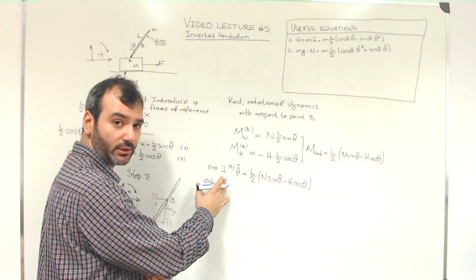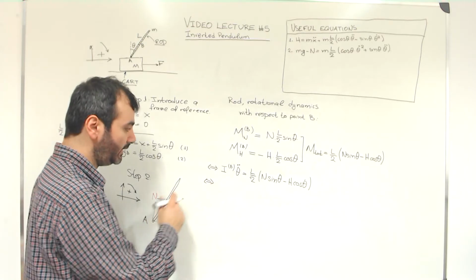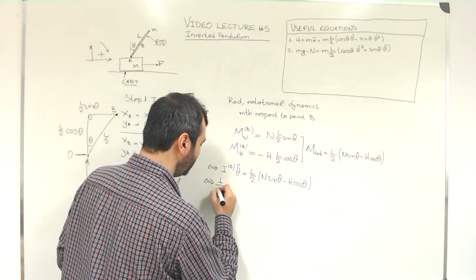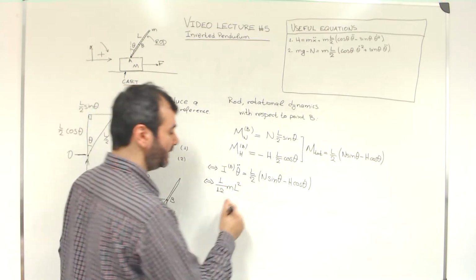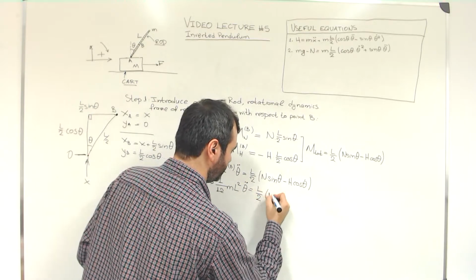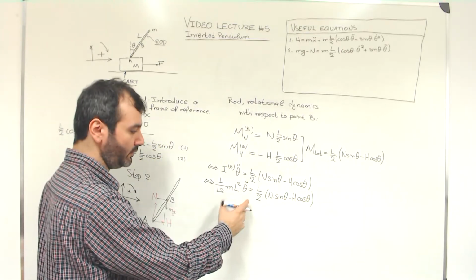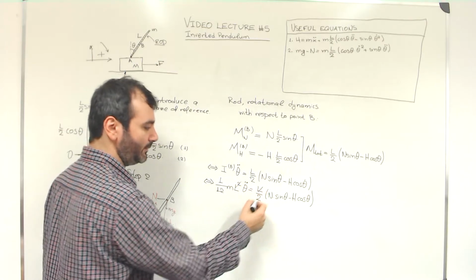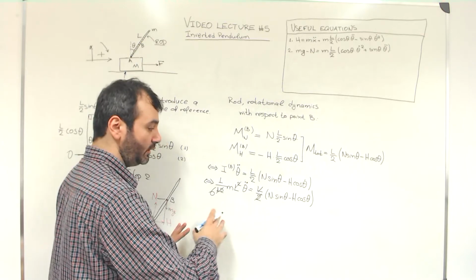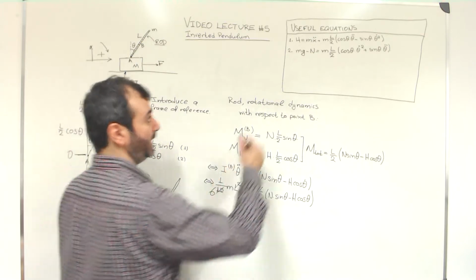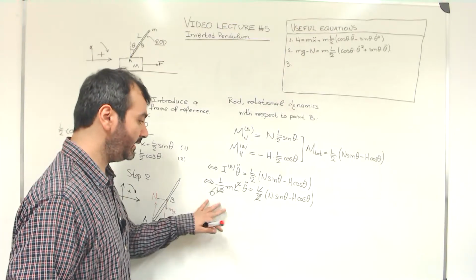And the moment of inertia of the rod with respect to its middle point is exactly equal to 1/12 ml squared. I will divide both sides by L and multiply by 2, and the new equation we will have, and I will write it here, equation number 3, useful equation number 3 is the following.